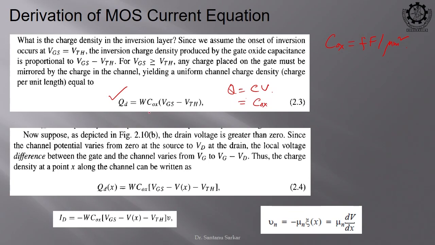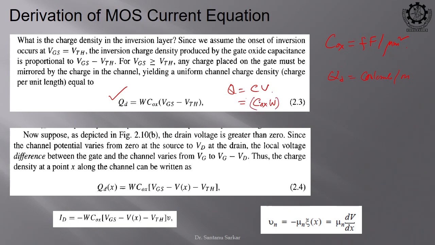But what is this QD? QD is charge per length. So, we will not multiply with W into L, we will only multiply with width, because QD is coulomb per meter. So, we will not multiply with micrometer square, we will only multiply with width.